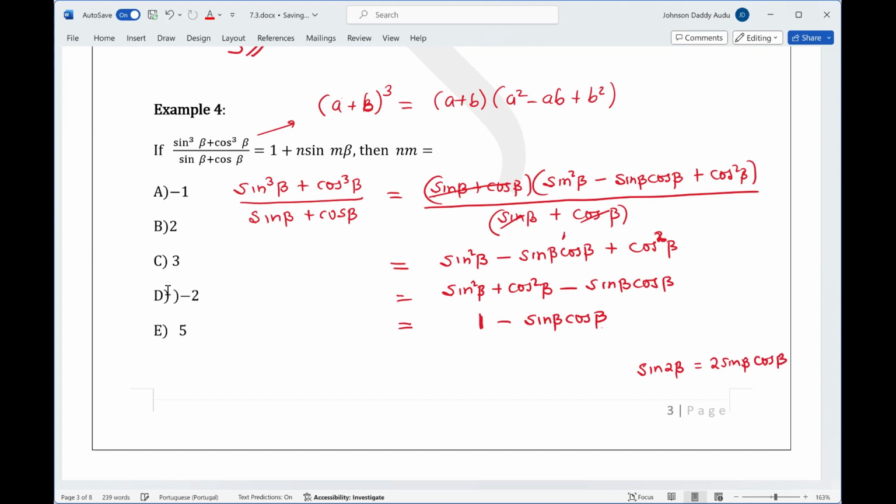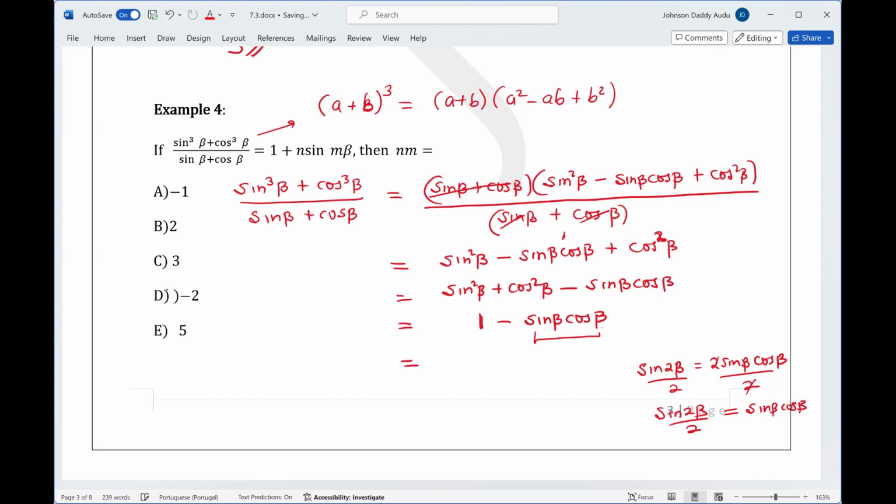So we can divide both sides by 2. Sine 2 beta divided by 2 is the same thing as sine beta cosine beta.